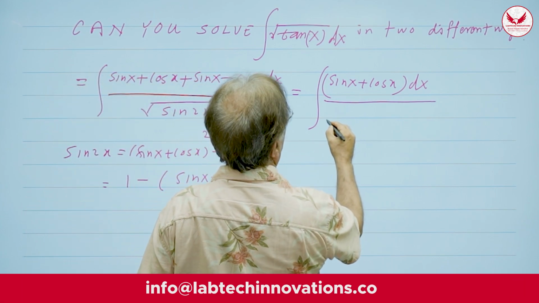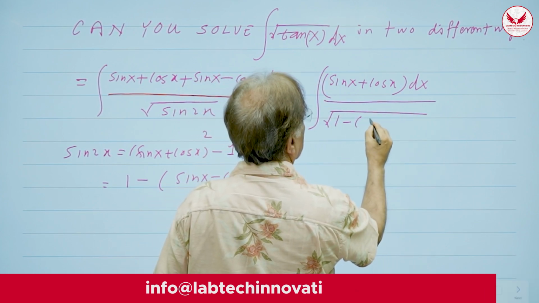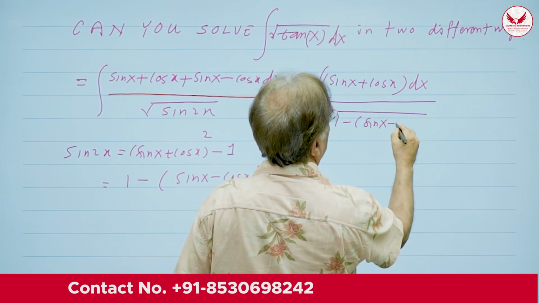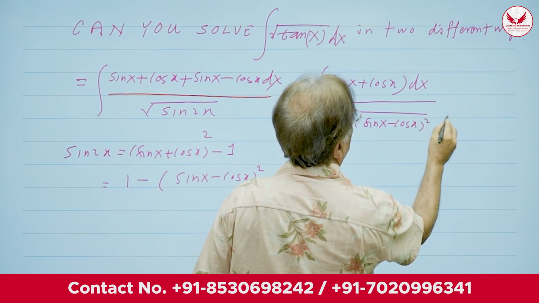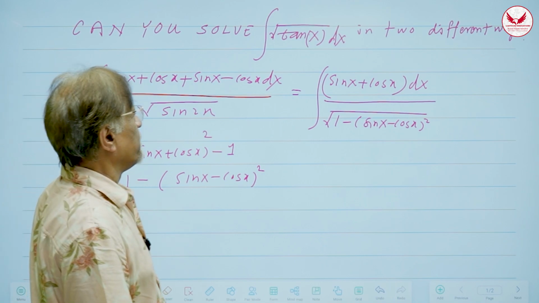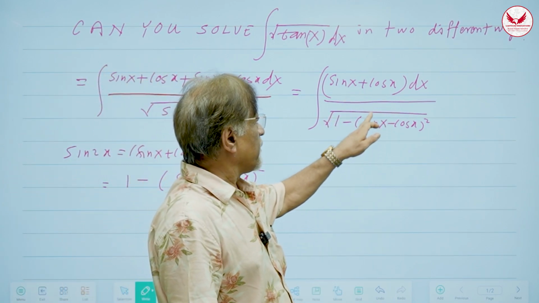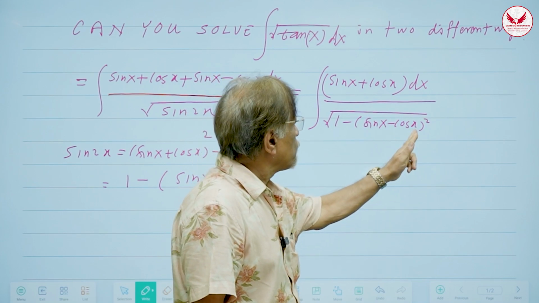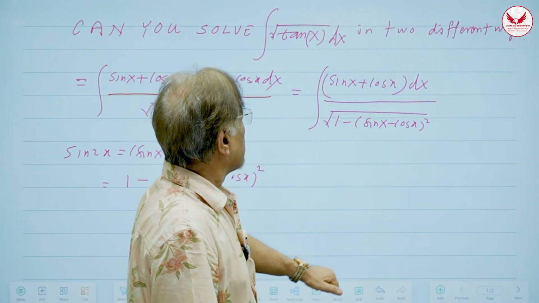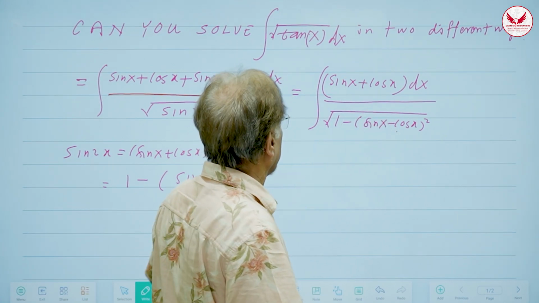That means it is root of 1 minus (sin x minus cos x) bracket square. What is the advantage of doing this? Simple. The derivative of sin x is cos x and the derivative of minus cos x is sin x. That means the derivative of this expression I have adjusted here.